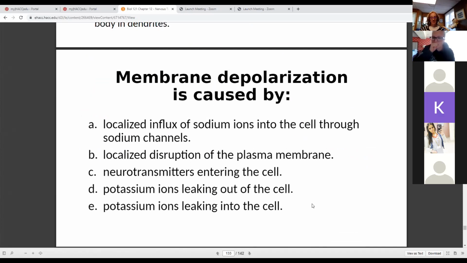That's not right. Would it be B because it's disrupting it? So it's stopping it? It is a disruption, but a hyperpolarization can also be a disruption. Well, you're close, but it's not B.